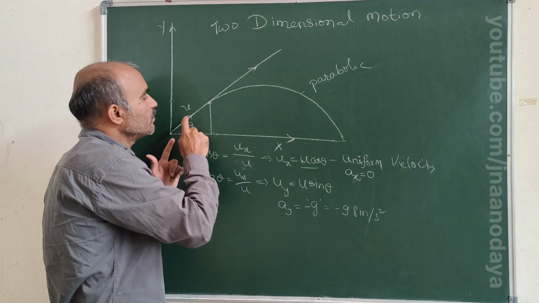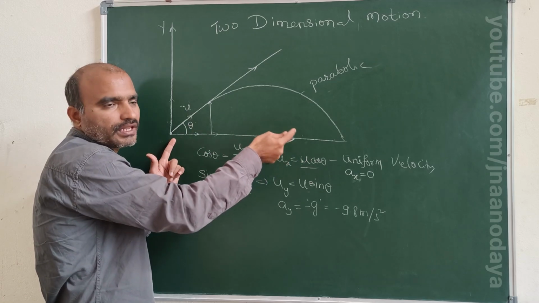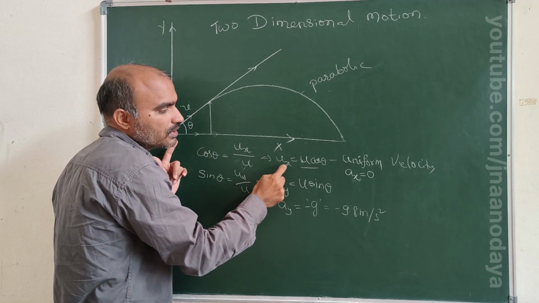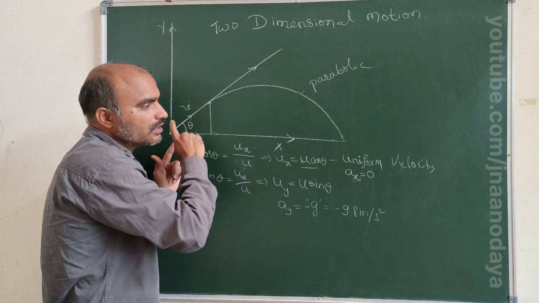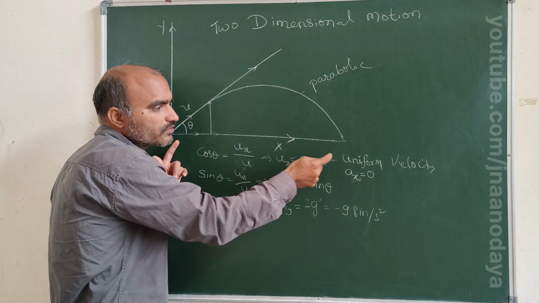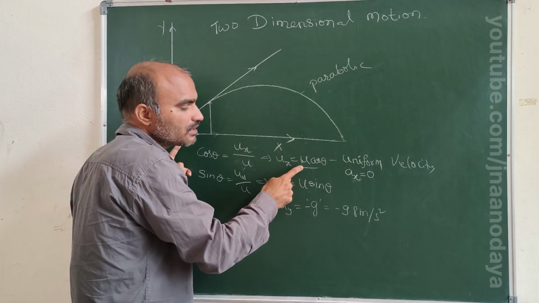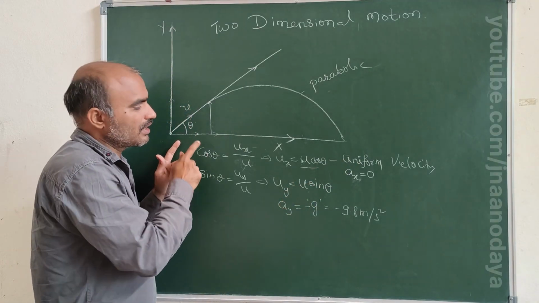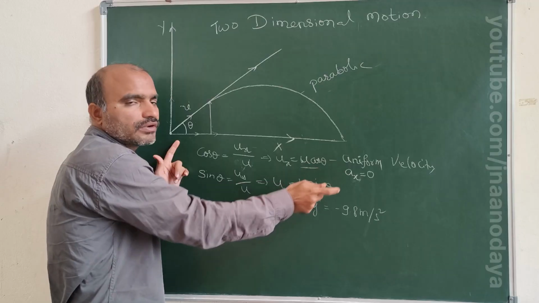At every point in this projectile motion, the horizontal component of velocity, ux equals u cos theta, will be constant. The object travels with uniform velocity in the horizontal direction, and if the velocity is constant, acceleration will be zero. That is why acceleration along the horizontal direction is zero.